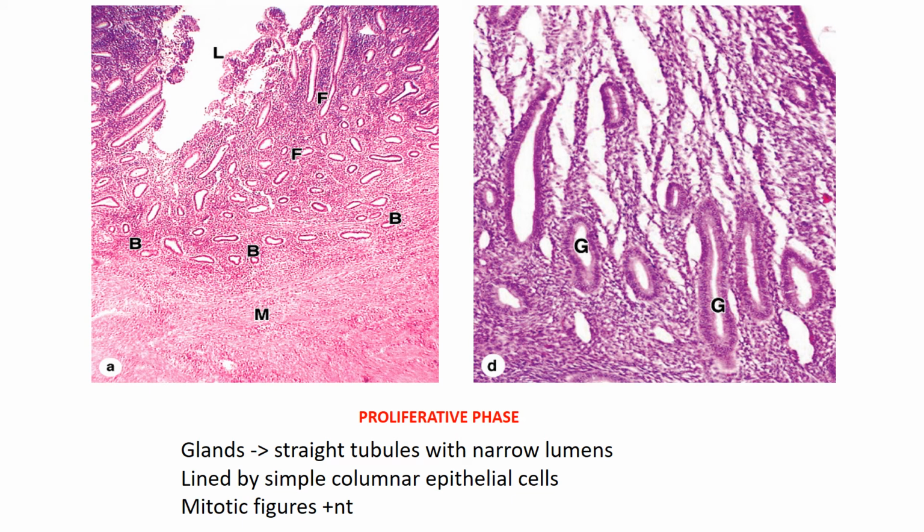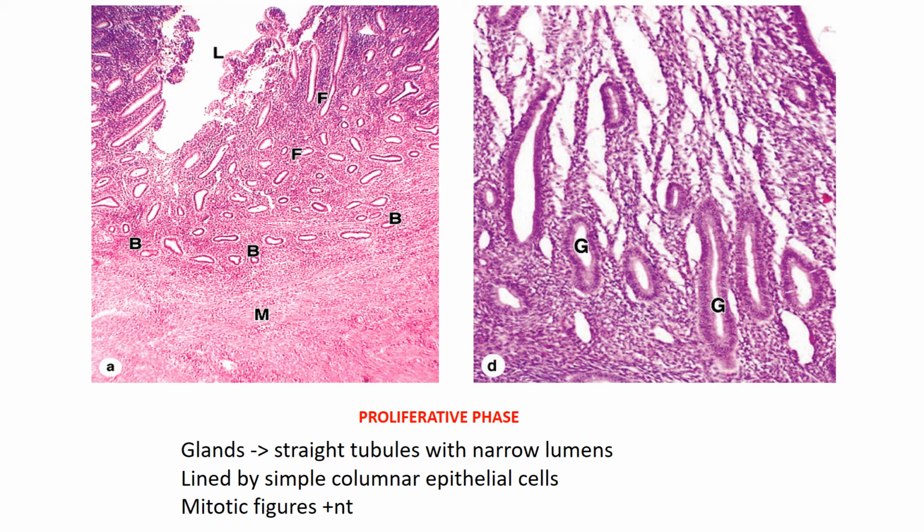Now we will discuss how to tell whether the uterus is in the proliferative phase, secretory phase, or even the menstrual or premenstrual phase. On the left is low resolution and on the right is high resolution.